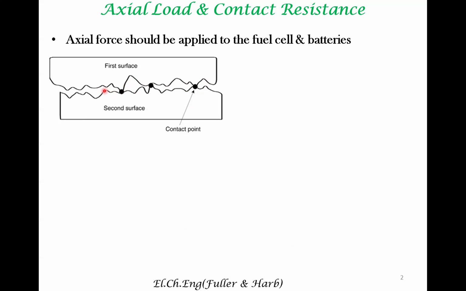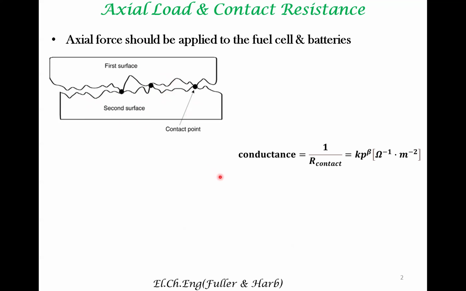And one way to decrease the resistance and increase the contact points is to apply a load in this direction. This is the axial load we are referring to. If you apply a load, it brings together more contact points between this component and this component.